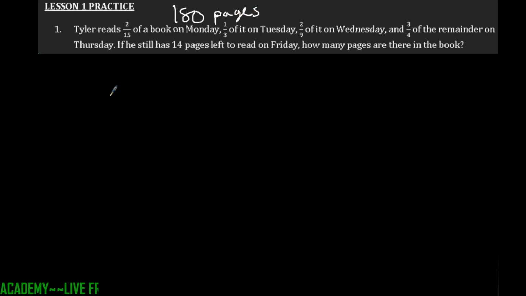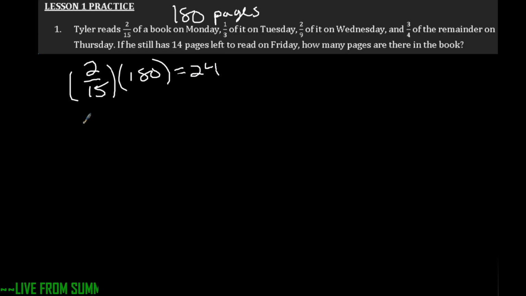So we're going to start with 2/15 times 180, which gives us 24. And the next day was 1/3 times 180, which is 60.